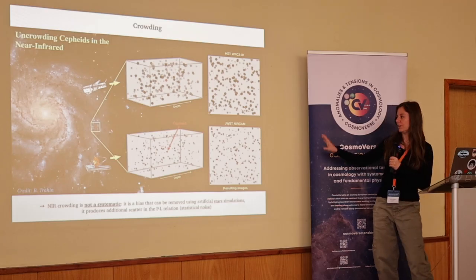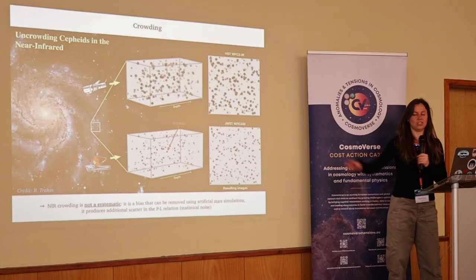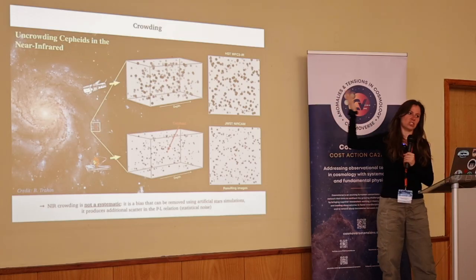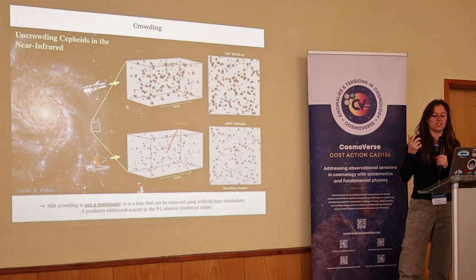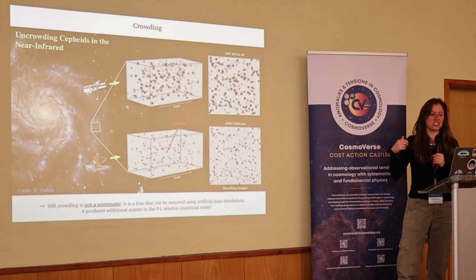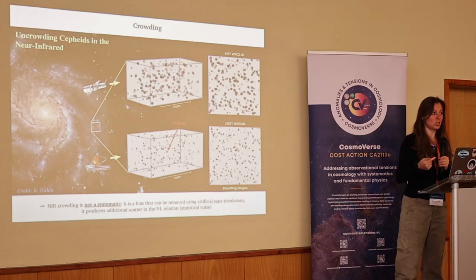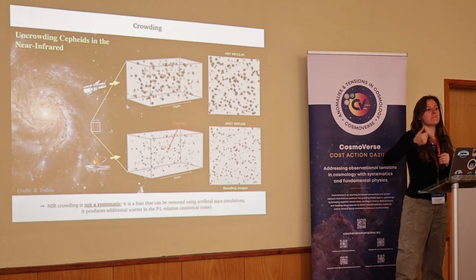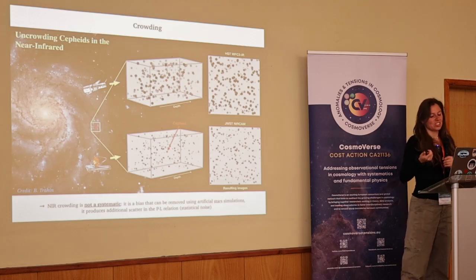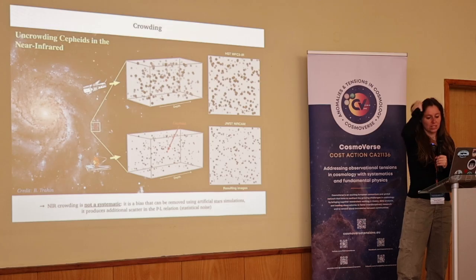So before having JWST, we only had HST images. So we would do something a little bit tricky. We inject fake stars in the image of known brightness, and we remeasure them to see how much the crowding impacts the measurement. So you're going to hear about this again, I believe.